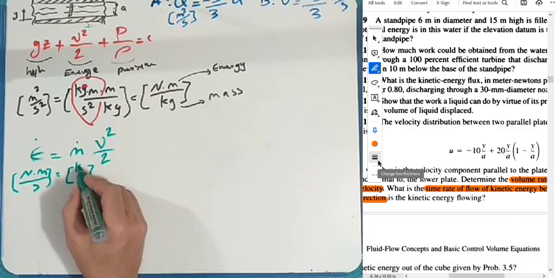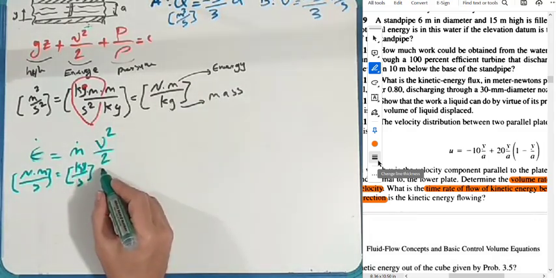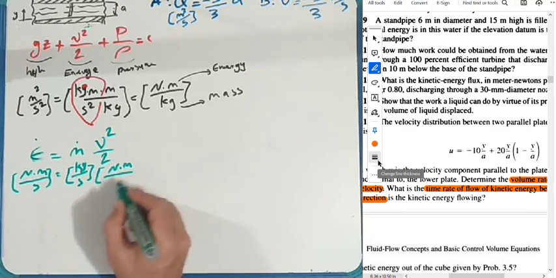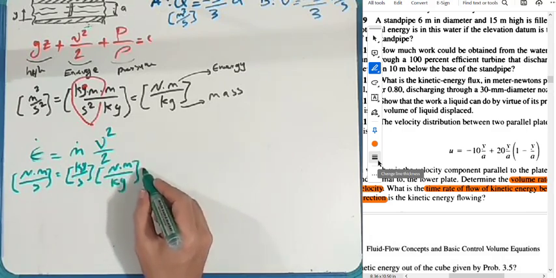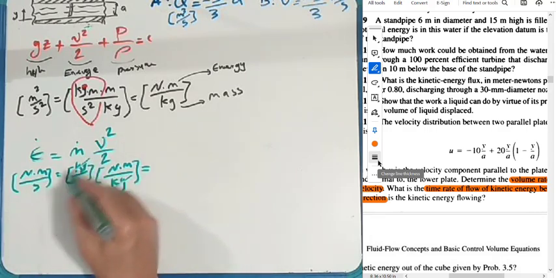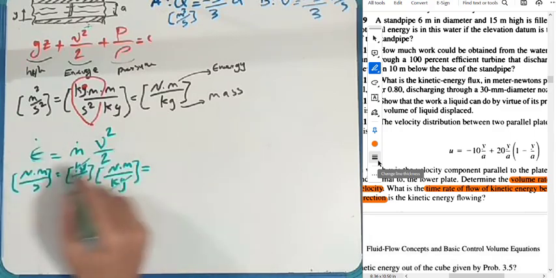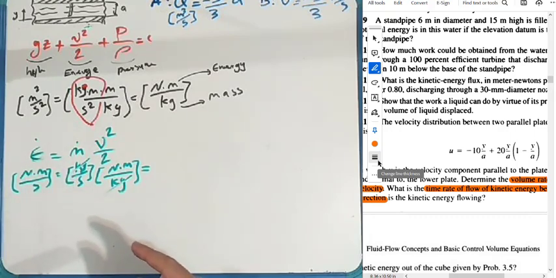M dot is kilogram per sec, and this one would be Newton meter per kilogram. Eliminate these two, Newton meter per sec. Then I can use this equation to write this one.